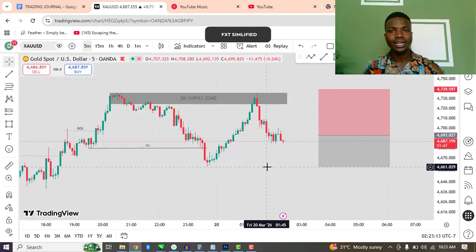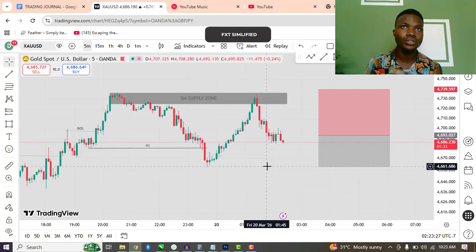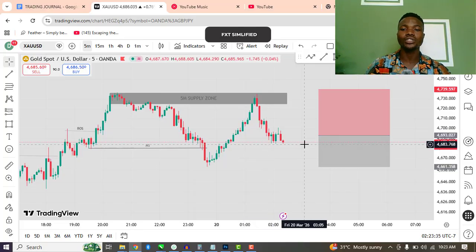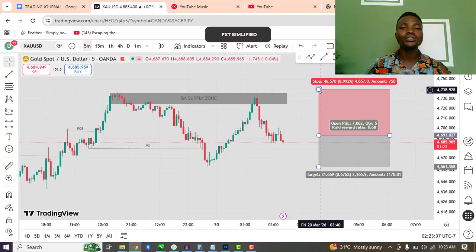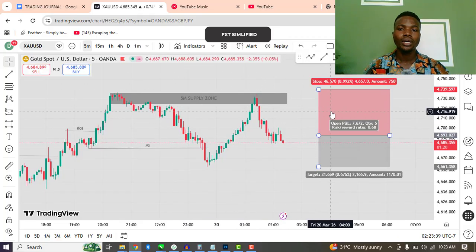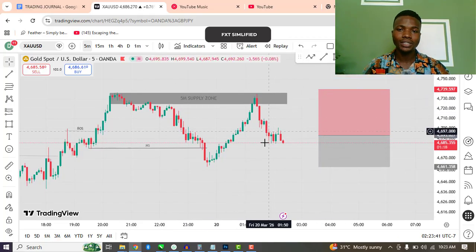Another thing is that the time now is 10:23 a.m. If I want to wait for the right session that I trade, that will be around the London session and the overlap session, right? But since the setup has shown already, why am I waiting for the London session? I'm still going to try as much as possible to have good risk management on this trade.